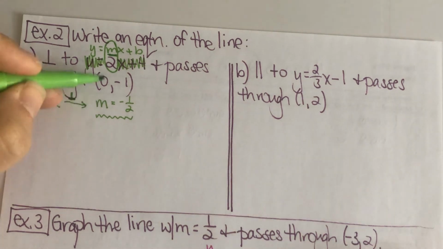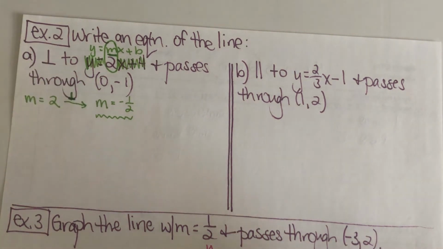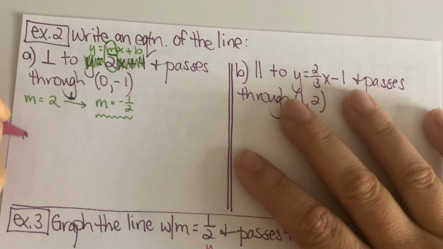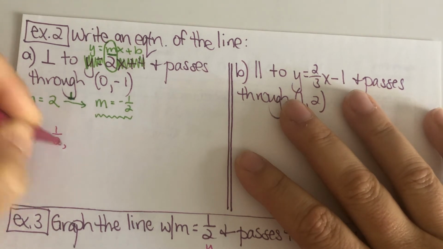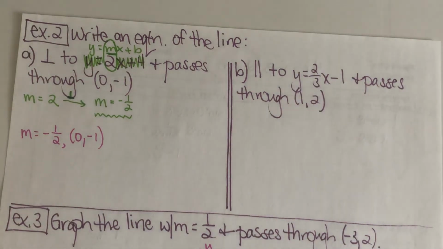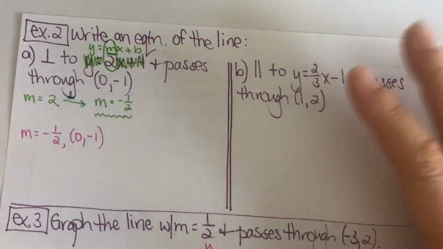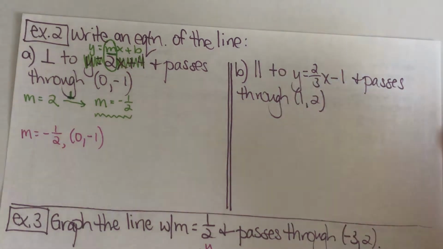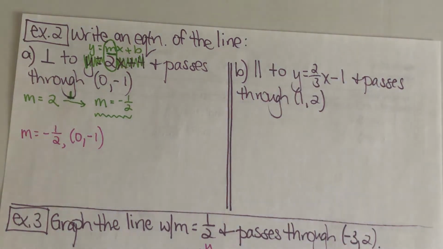So they're giving me a slope and a point. They're telling me to use the perpendicular slope, opposite reciprocal, and use this point to write the equation. So this goes back to what we did the other day. We can use point slope form, y minus y1 equals m times x minus x1, or we can recognize that this is the y-intercept.